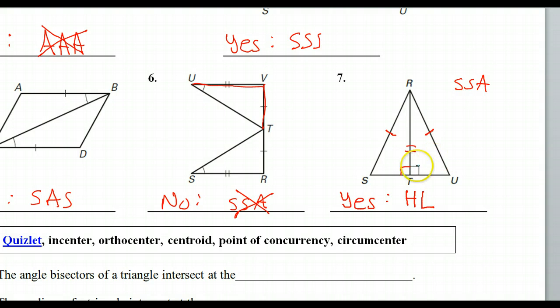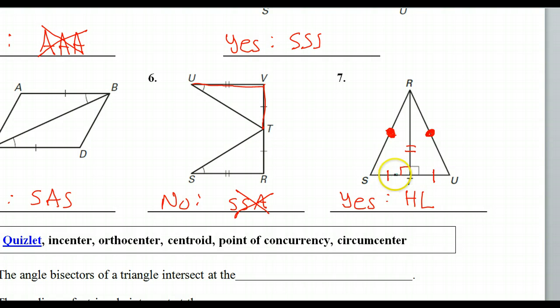Now, don't think automatically when you see a right triangle that it'll always be hypotenuse leg. It will not always be hypotenuse leg just because it's a right triangle. For example, just to make a point, say we were not given those sides congruent. Say instead we were given these sides.